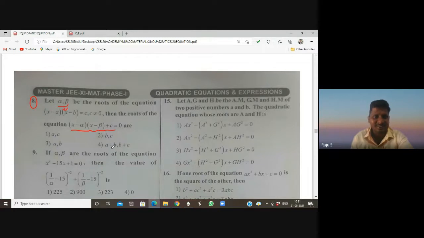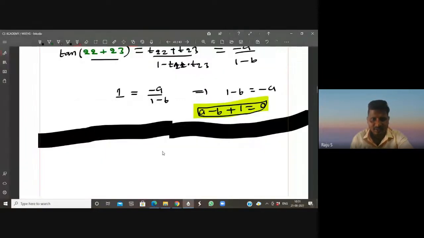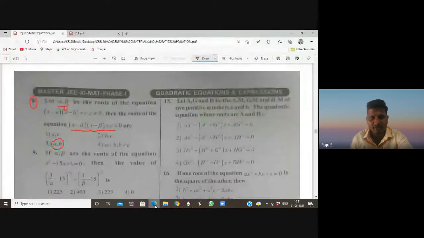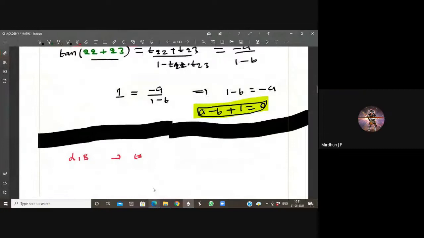Then what are the roots? Reverse, opposite. This a, b we will get. Let's check it once. So what is the quadratic equation? Alpha, beta are the roots of the quadratic equation x minus a into x minus b is equal to c.